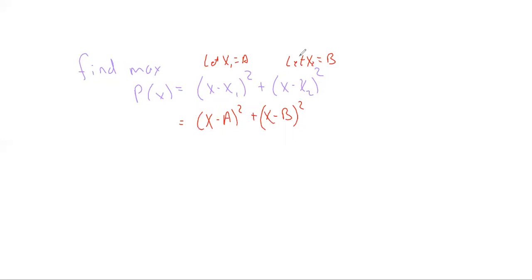Now this is going to be a lot easier. The first thing we need to do is multiply this thing out. So this is going to be x squared minus 2ax plus a squared plus x squared minus 2bx plus b squared.